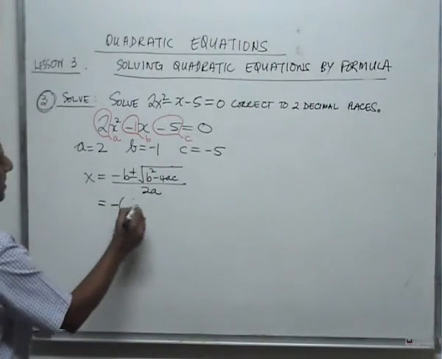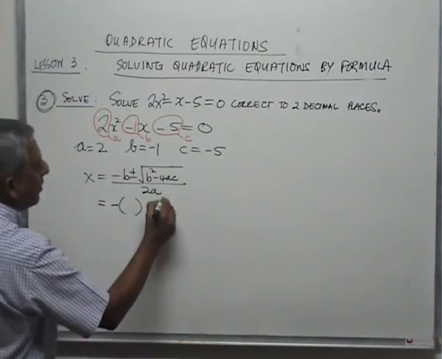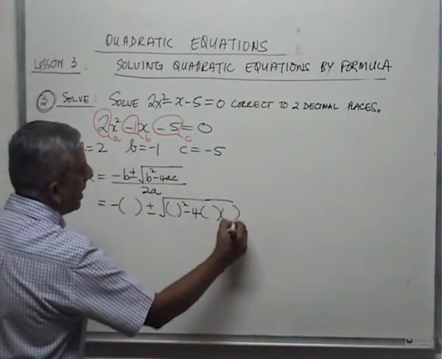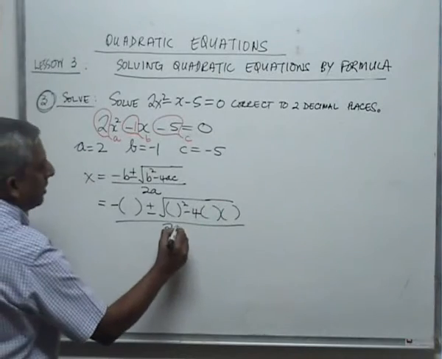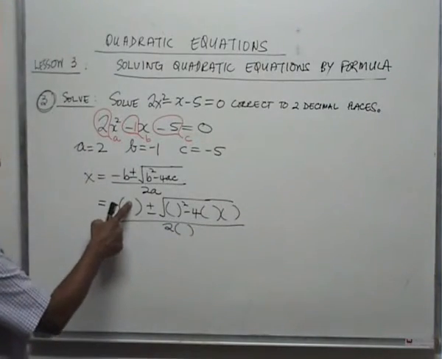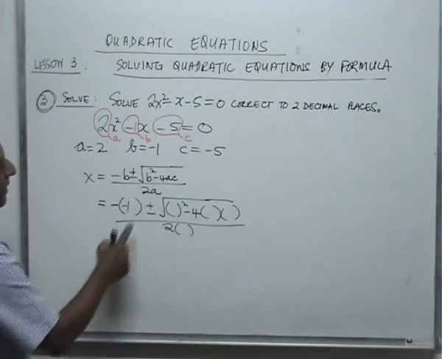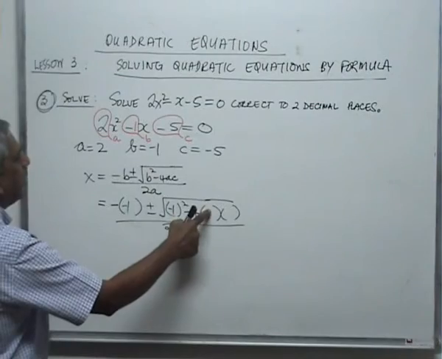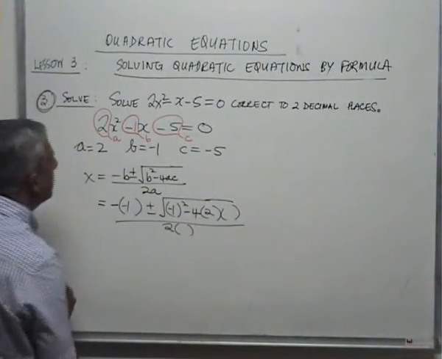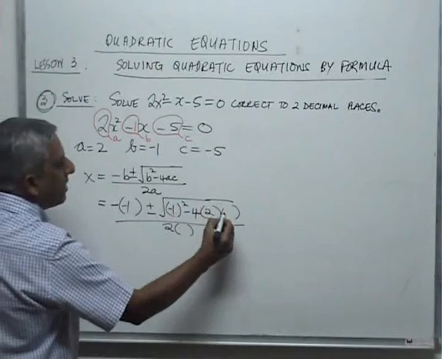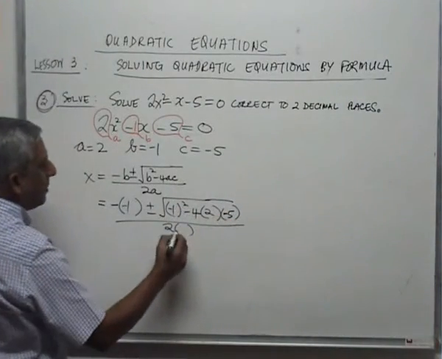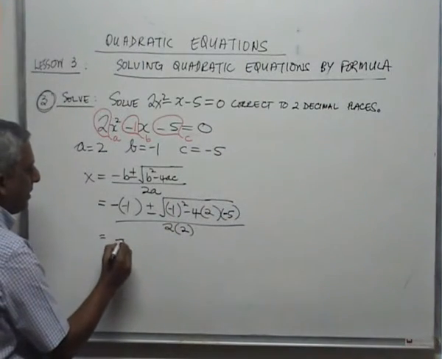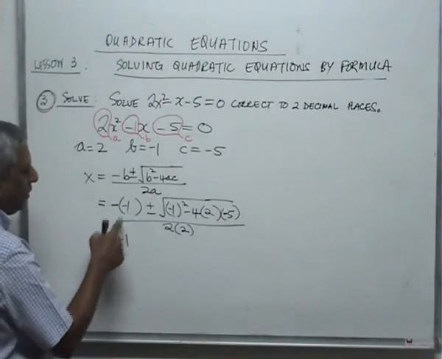So that's minus b, plus minus the square root of b squared minus 4 into a into c, all over 2 into a. b is minus 1, a is 2, c is minus 5. So you got minus times minus giving you plus.